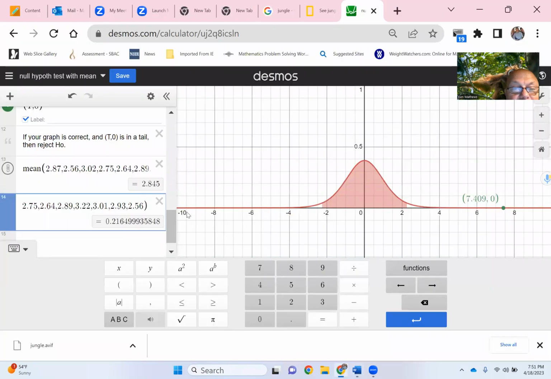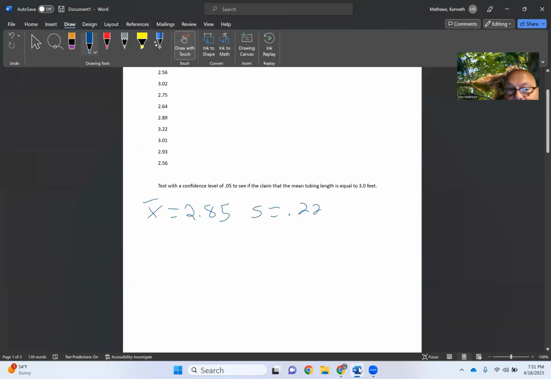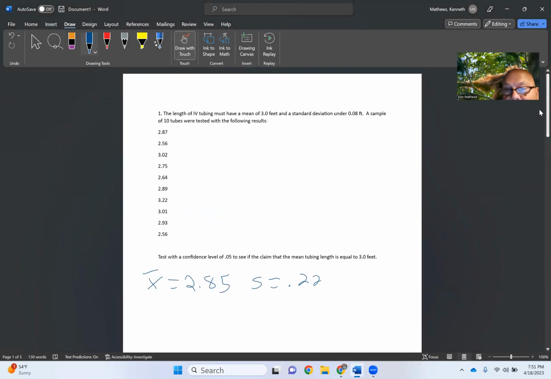Our confidence level, get the rest of that from up here, is test with 0.05. So alpha equals 0.05. And since the claim is equal to, it's going to be a two-tailed t-test.